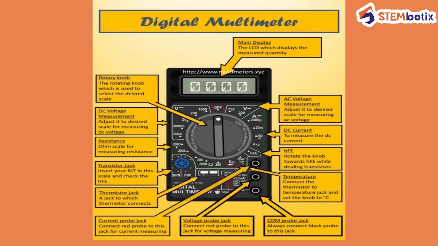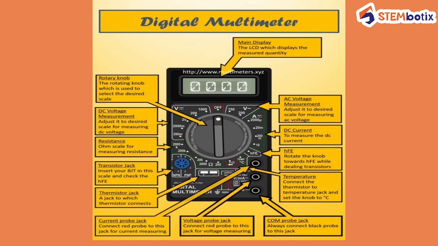Then DC voltage measurement, which adjusts to the desired scale for measuring DC voltage. Then the resistance area, ohm scales for measuring resistance. Now the transistor jack, insert your BJT in the socket and check the HFE. Thermistor jack, a jack to which the thermistor connects.